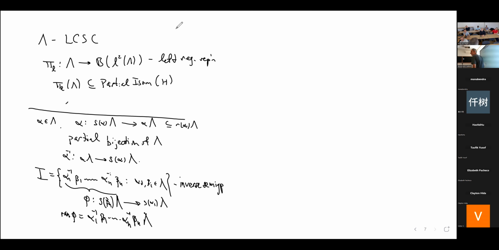Can the domain of phi be empty? Sure, this could be empty. It might be that there's nothing in lambda that you can do this sequence on. Each time you compose two functions, the domain might shrink. So in this case, I will get a partial bijection mapping the empty set to the empty set. Zero in the inverse semigroup. So a set like this is called a constructible right ideal.